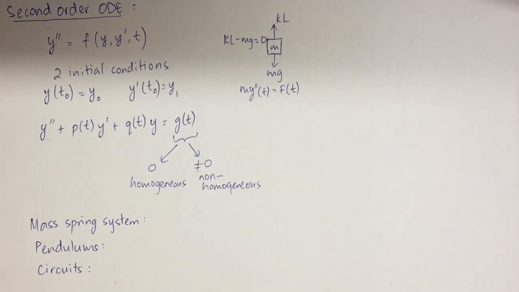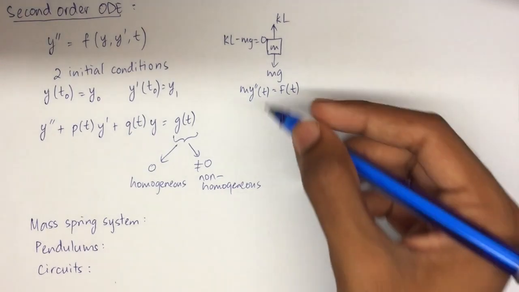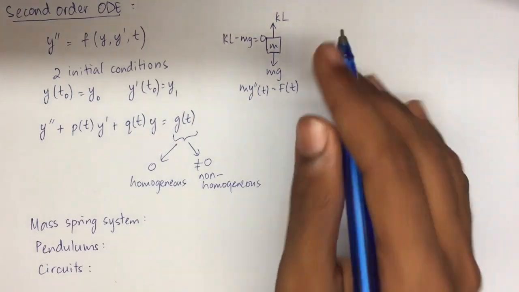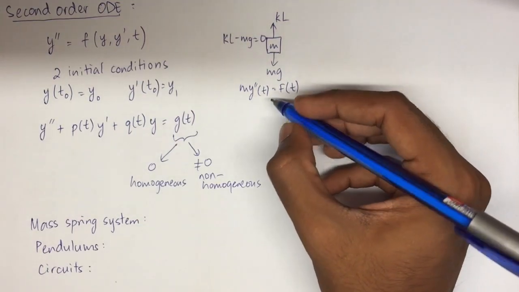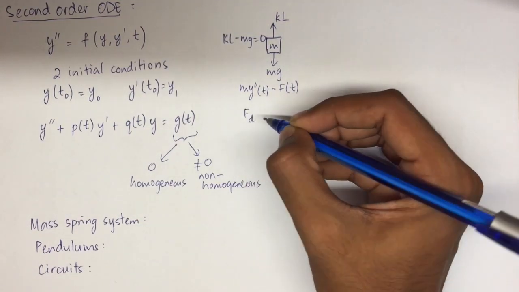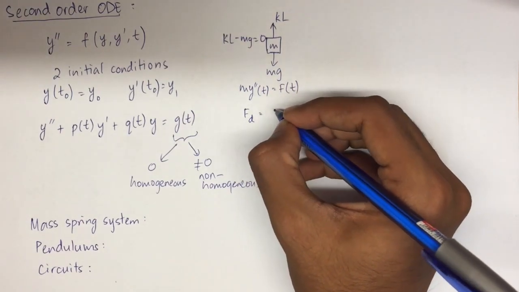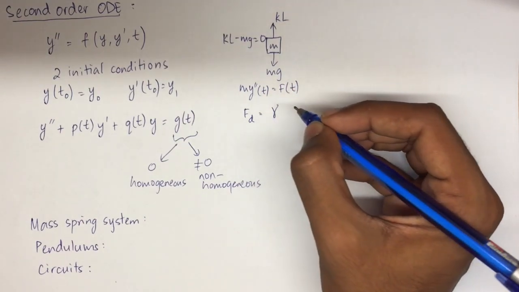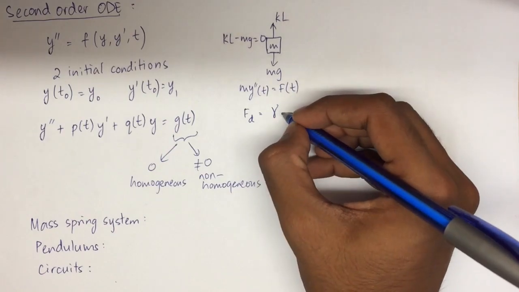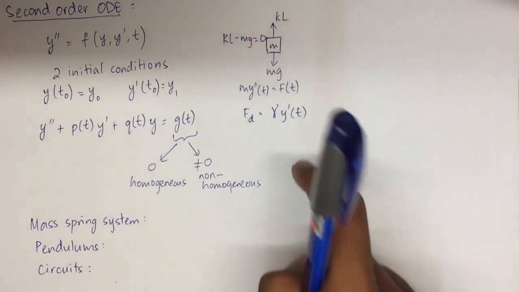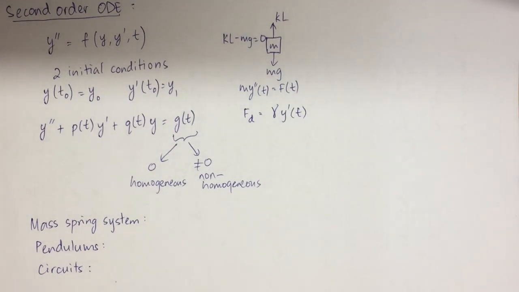We have also learned some advanced topics when the spring is damped. There we have a damping force, say Fd, given by the damping constant gamma times y prime of t. The velocity times the damping constant gives us the force.